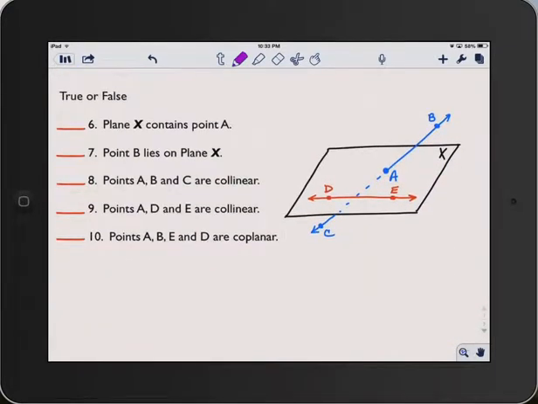Next diagram, still more true and false questions. Problem number 6, plane X contains point A. Because point A is drawn inside the parallelogram representing plane X, the answer is true.